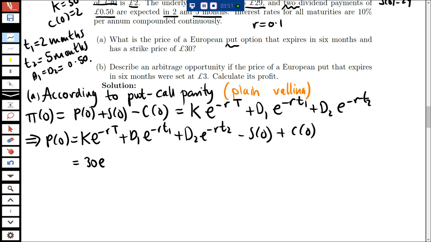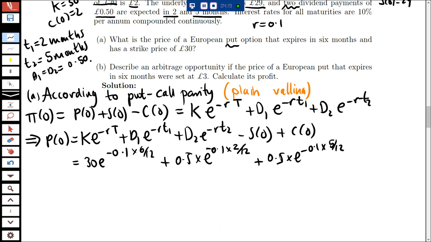Okay, let's spell it all out. So the discounting of the strike, the discounting of the dividend in 2 months to today, the discounting of the second dividend in 5 months to today.